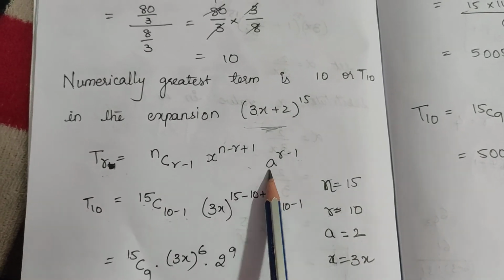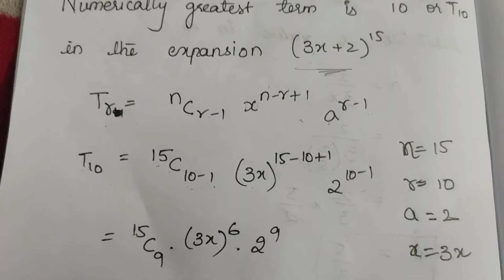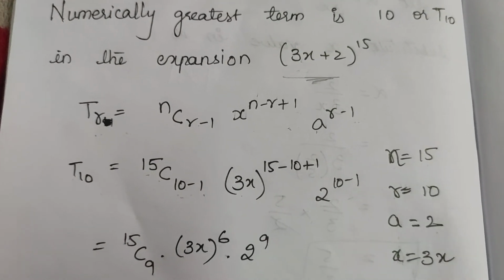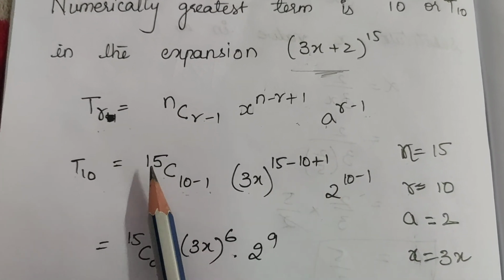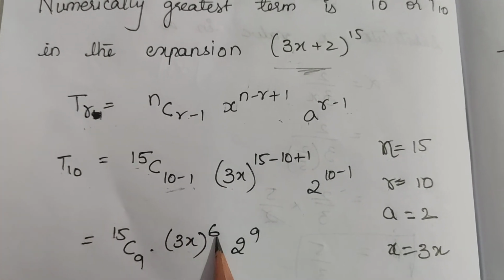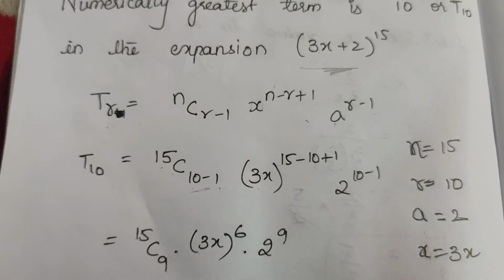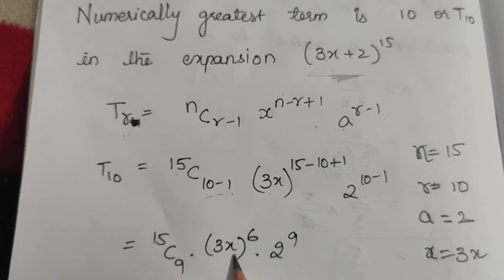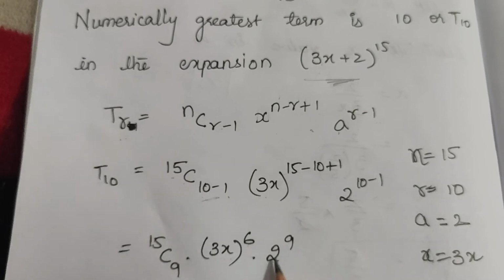So we are substituting all these values in this formula. 15C(10 minus 1) is 9, 3x whole to the power 6, and 2 to the power 9. So we will get 15C9 (3x)^6 2^9.